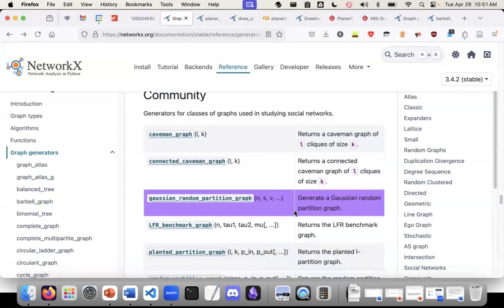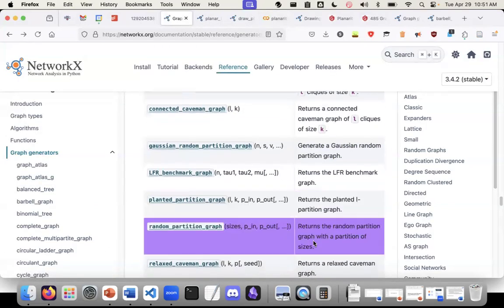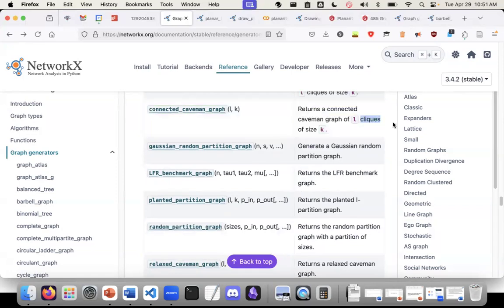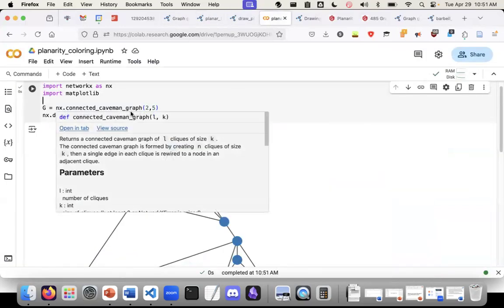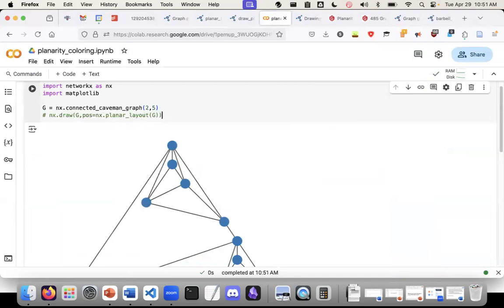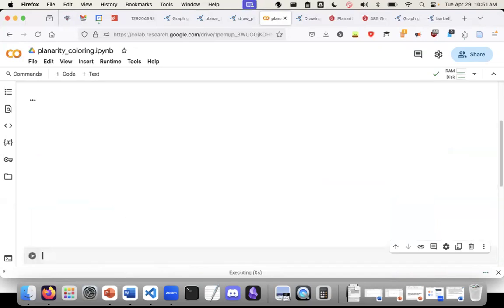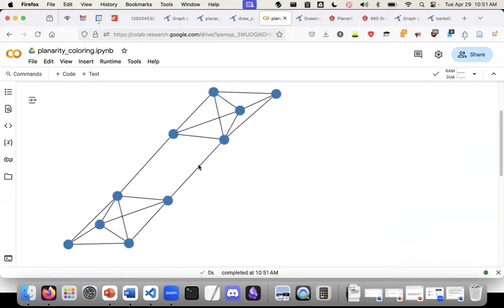As you go through, if you see some term here that you don't know, you can ask or Google it. So cliques is just another way to say a complete subgraph. So the clique in here, if we draw it, not planar, and next up draw G, just without doing that.